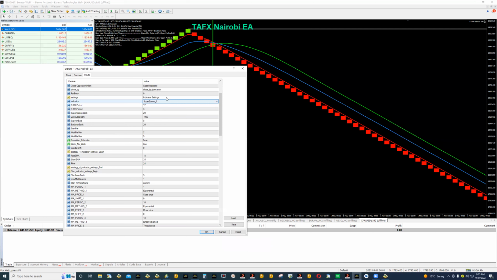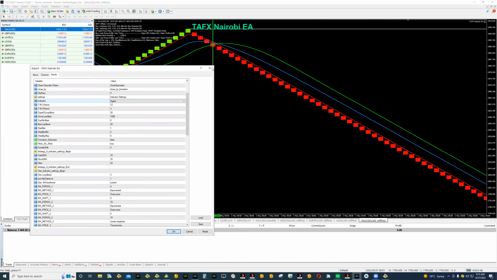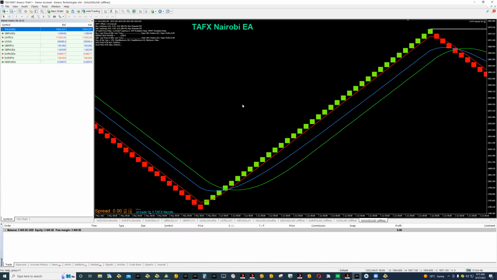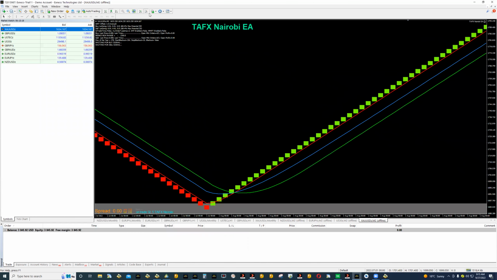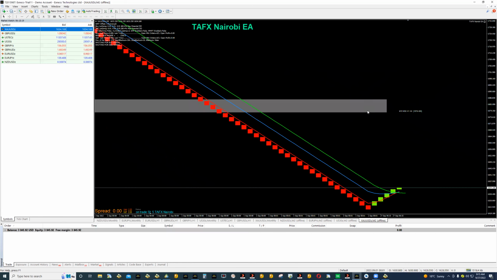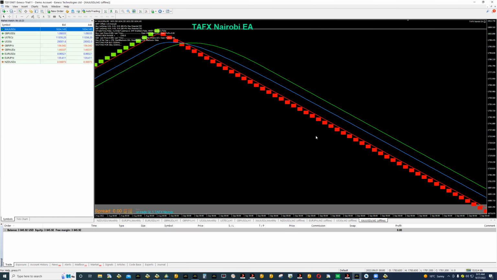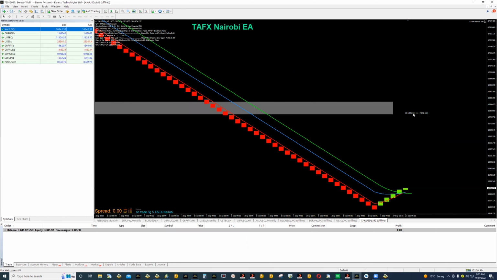So for instance, here we are working now with the Agatha, and that is what will come by default. This is our TFX Agatha, which gives you support and resistance from time frame 15 by default and above.